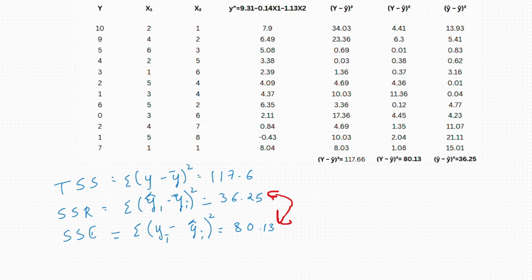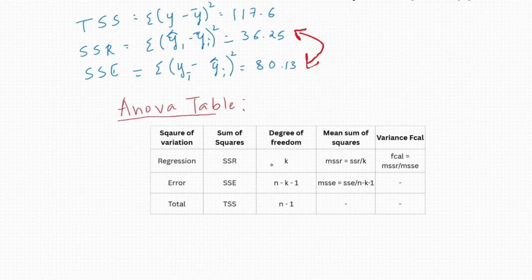Now let's see how to calculate the values in the ANOVA table. In the ANOVA table we have degrees of freedom. Here k is the number of variables, which is equal to 2, that is, we have x1 and x2.